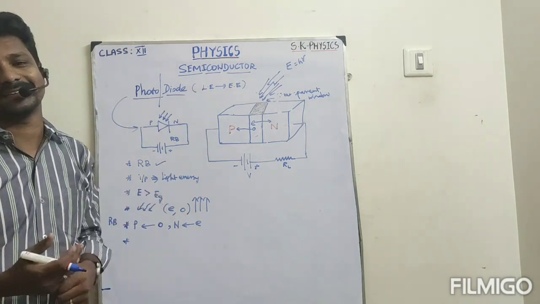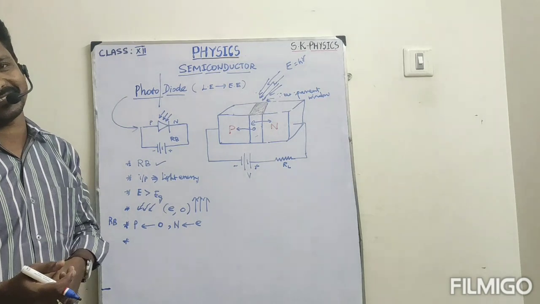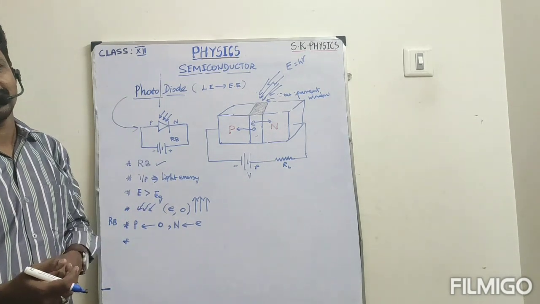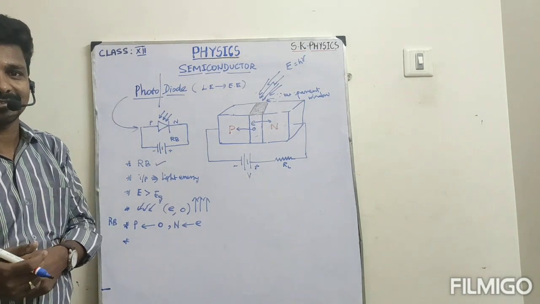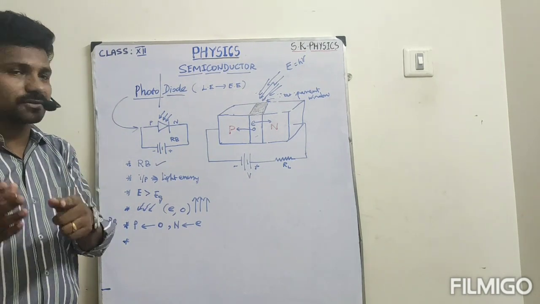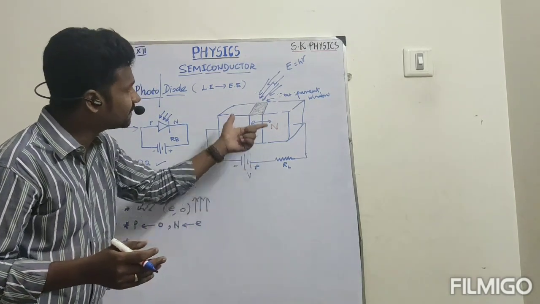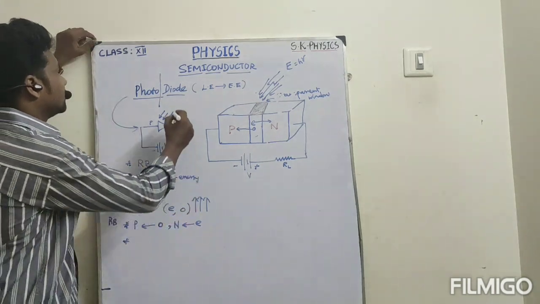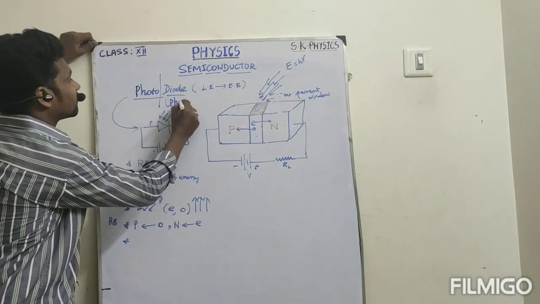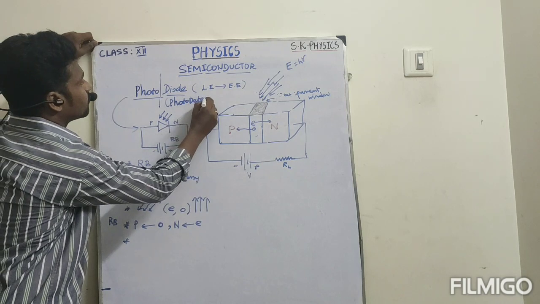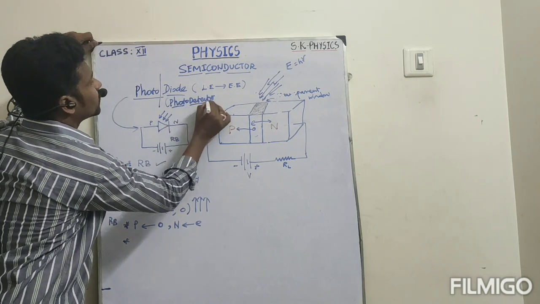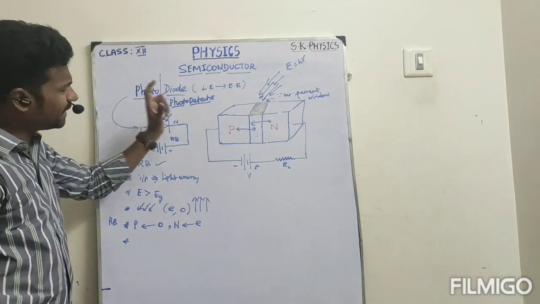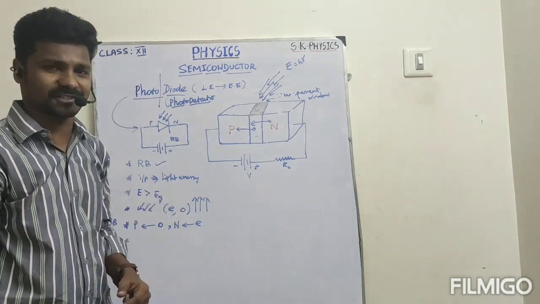We can detect the light energy, whether light is falling or not, whether light is present or not. It is used for detection of photons, so another name is photo detector. It is mainly used in optical communication.